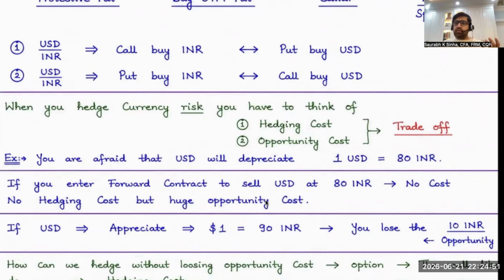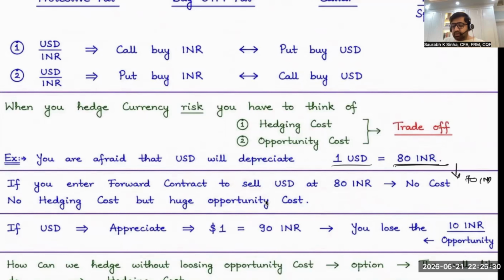So why not go for a forward contract? That is what we are trying to understand here. If you enter into a forward contract, there is actually an obligation to sell USD at 80 INR. In a forward contract, both parties have an obligation. If you see properly, you have actually hedged your downside risk. For example, say after 1 year or 3 months, USD depreciates and falls to 70 INR.